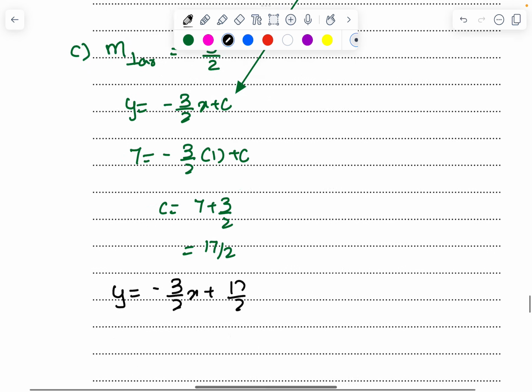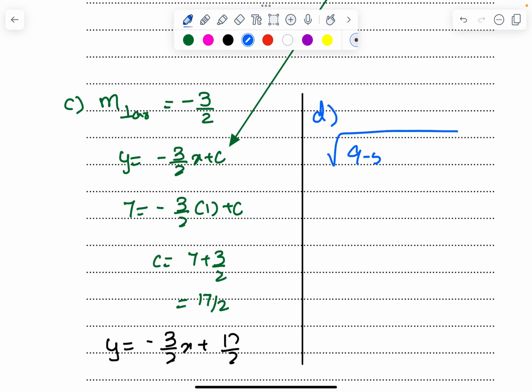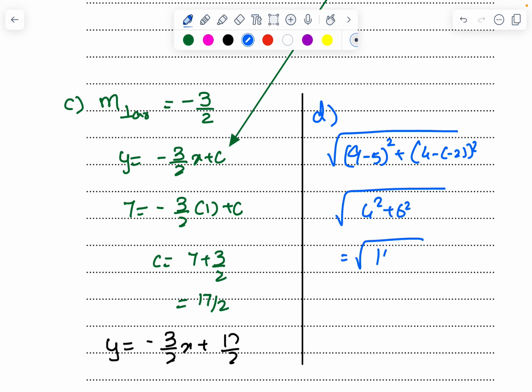Now coming to part D. Find the distance between AB, which is the square root of (9 minus 5) whole squared plus (4 minus (minus 2)) whole squared, which is the square root of 4 squared plus 6 squared, which is 16 plus 36, the square root of 52, which is 2 root 13.